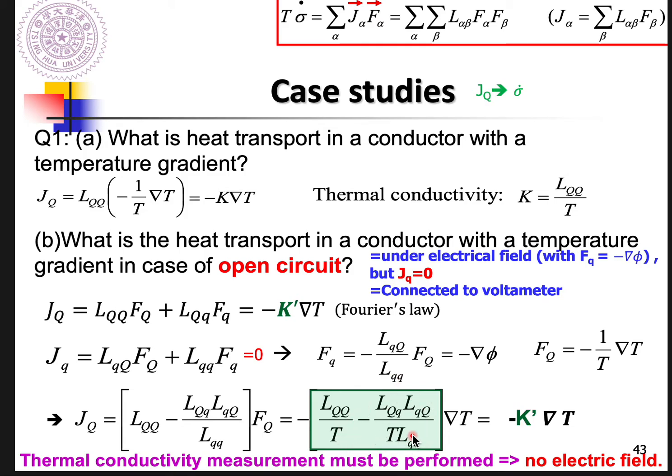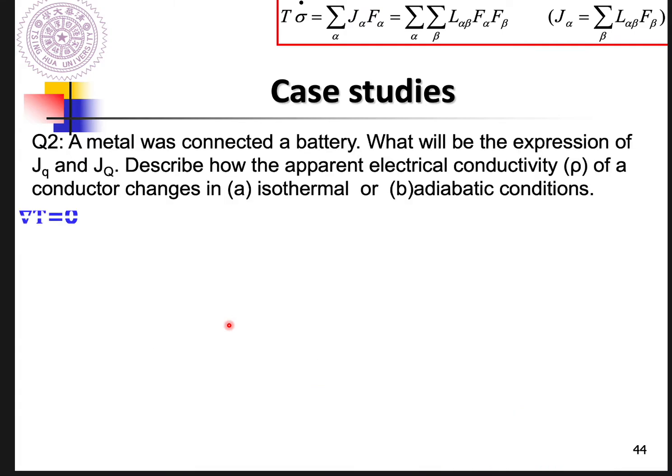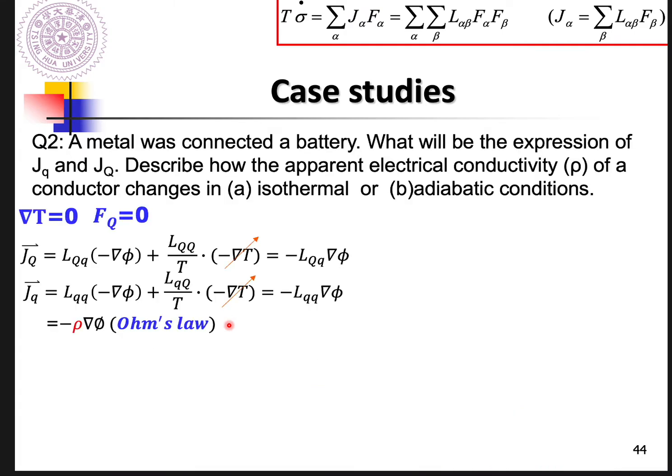So you are going to underestimate your thermal conductivity because the other driving force exists in your system. The heat flux you measure is the combined contribution from the terms with L capital Q and L small q. Okay, so the same thing happens in the electrical flow case.